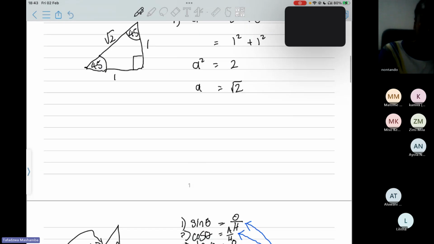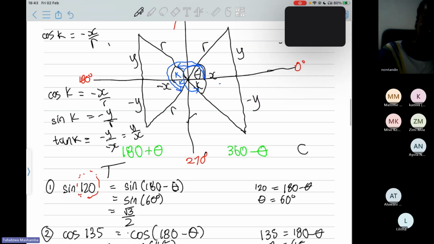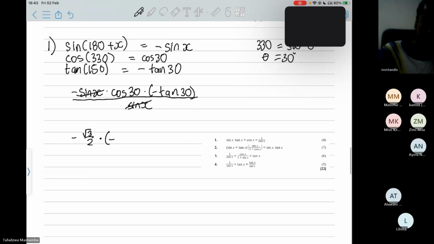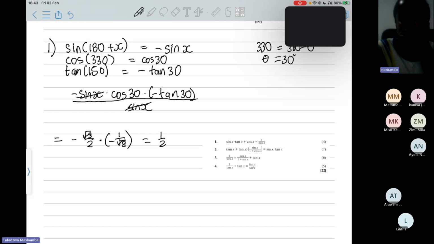What's tan 30? If you go to the triangle again, tan 30 is opposite over adjacent, which is 1 over square root of 3. Once we have that, we can see that these square root of 3's will cancel. So immediately after this, you'd be left with a half. And can you see we have solved all that without even using a calculator?